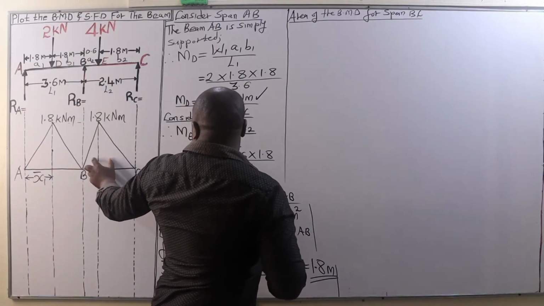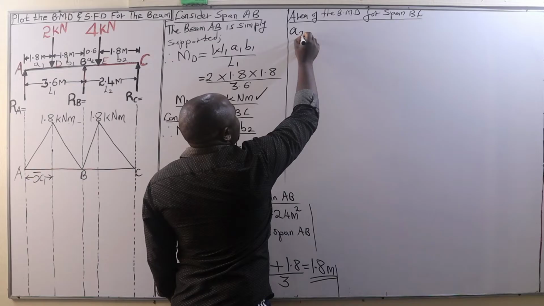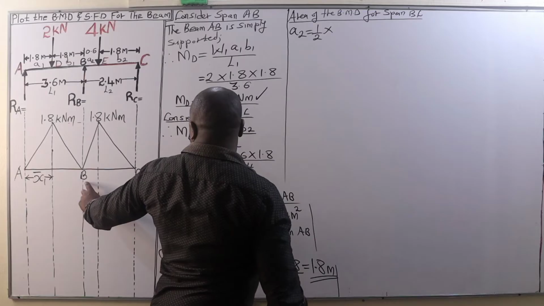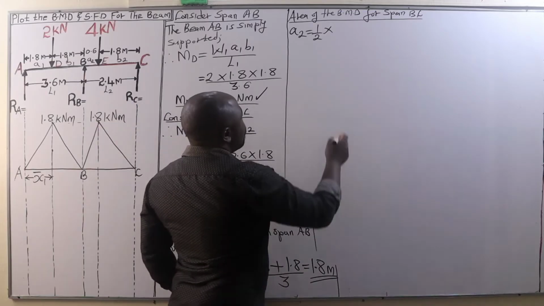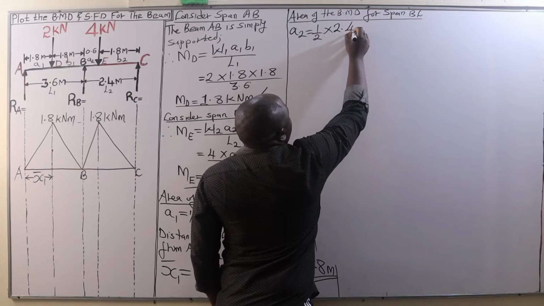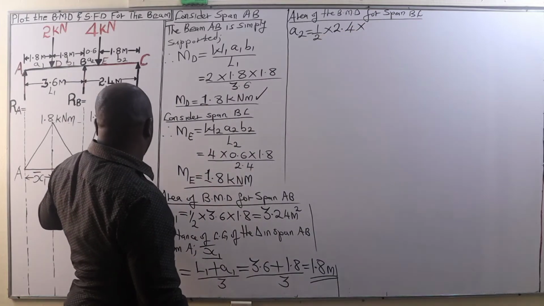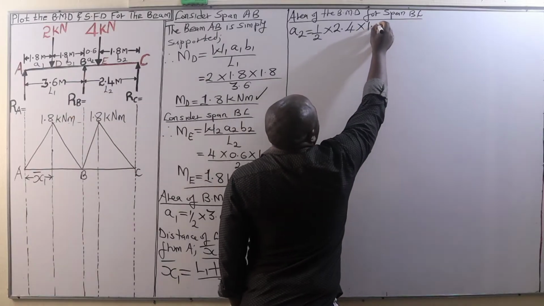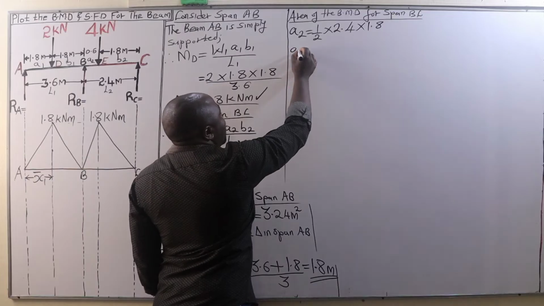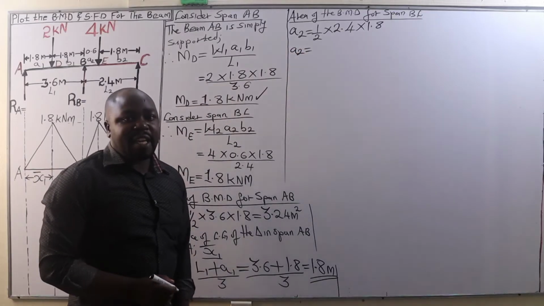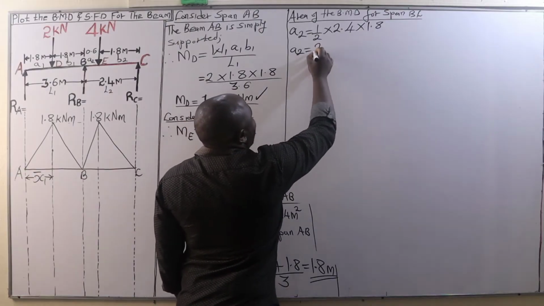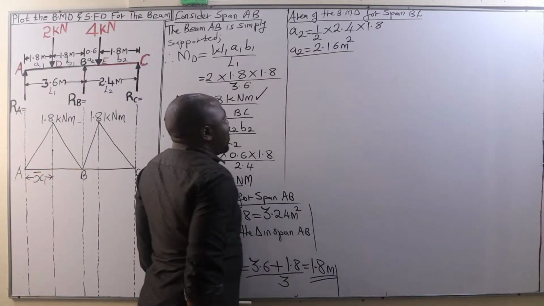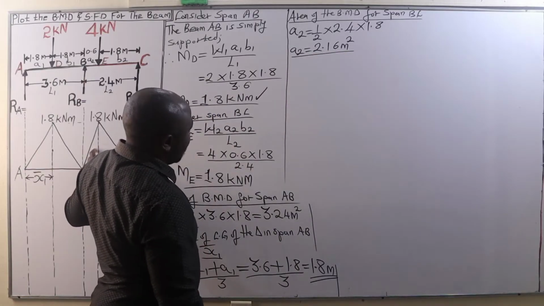Now, it is also a triangle, and therefore A2 is going to be given by a half multiplied by the base, the distance from B to C, which is 2.4 meters, multiplied by the height of this triangle, which is 1.8 units. So A2 will give us 2.16 square meters. That is the value of the area A2.